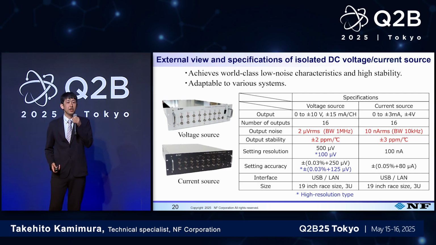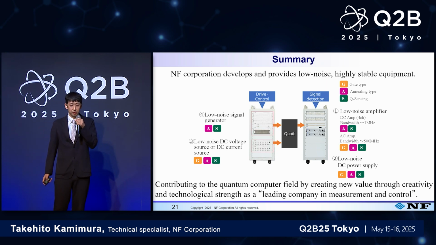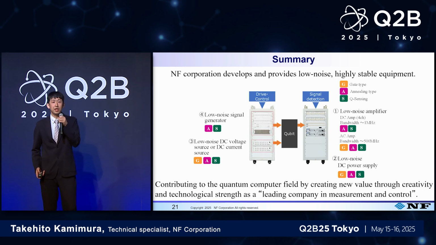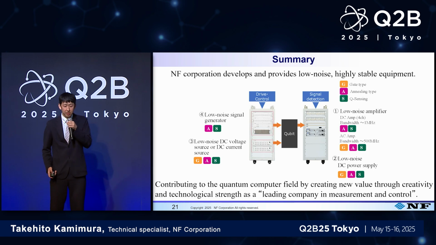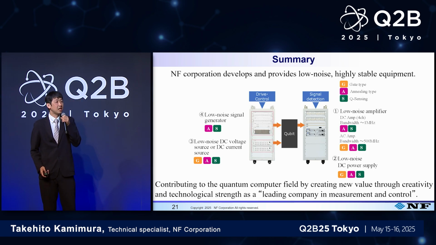Also, the outputs are provided with channel-to-channel isolation, so they are appropriate for different systems or elements. So NF develops and supplies low noise and highly stable devices for quantum computers based on the microsignal measurement technology cultivated over the years.